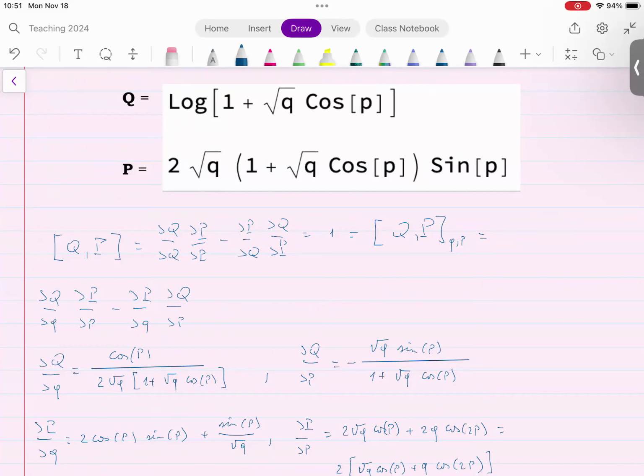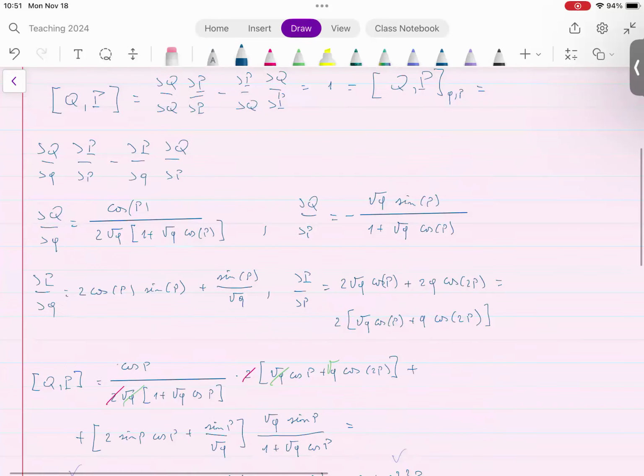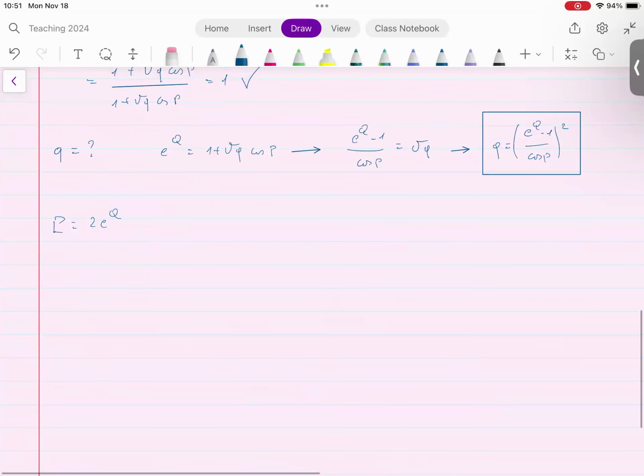There is the minus 1 that's going to kill the plus 1 in there. So that goes away. So I'm left with e to the q minus 1 times the tangent of p.